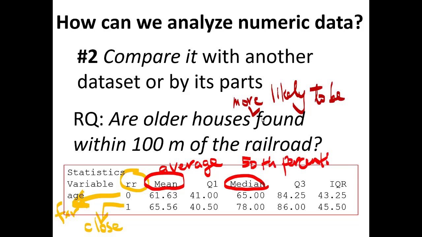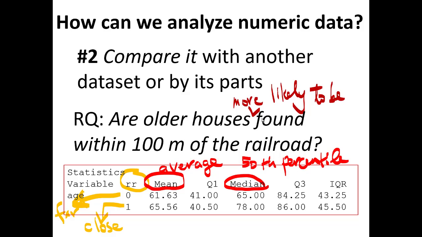And we could compare to see if they are pretty close to each other, or really different from each other. Now there are in inferential statistics a whole slew of ways to determine whether something's close or not. We're not going to go into that.